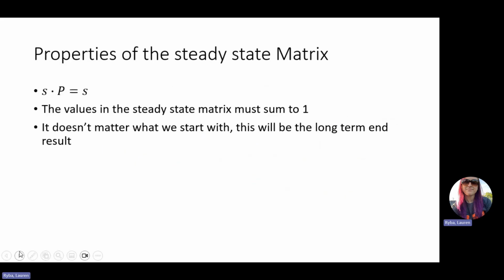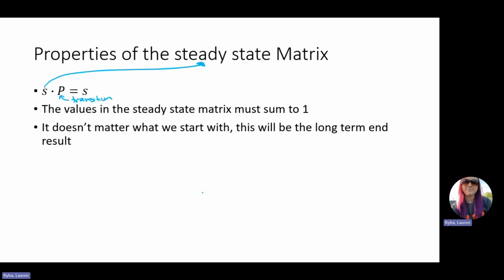The properties of our steady state matrix are, if you take the state that you're in and you multiply it by the transition matrix, you get the same result. So S is the steady state matrix. P here is the transition.